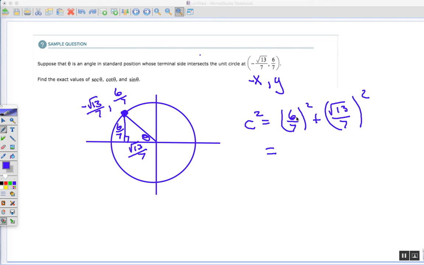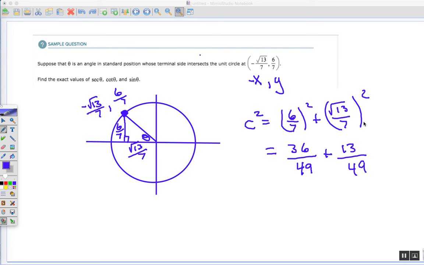So I'm going to go ahead and do a little math here. So 6 squared is 36 over 7 squared is 49, plus square root of 13 squared is 13 over 7 squared, which is 49.